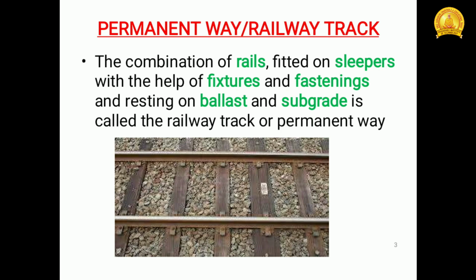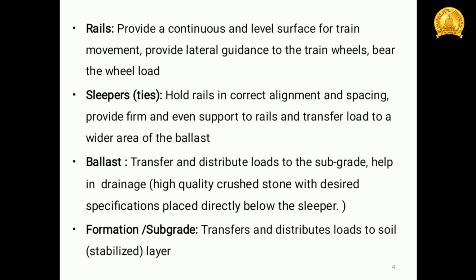As you can see, it provides a leveled surface, also a continuous surface. That is a major function of the rail. The train wheels run on these rails, and the load is directly transferred from the train to the rails. So it bears the wheel load, and at the same time provides lateral guidance to the train wheels. So now you know the rails.